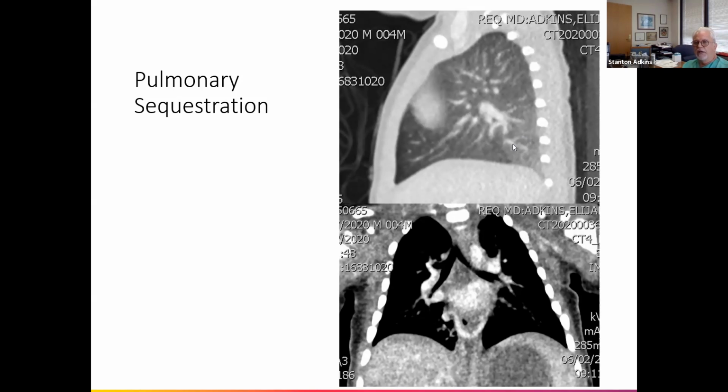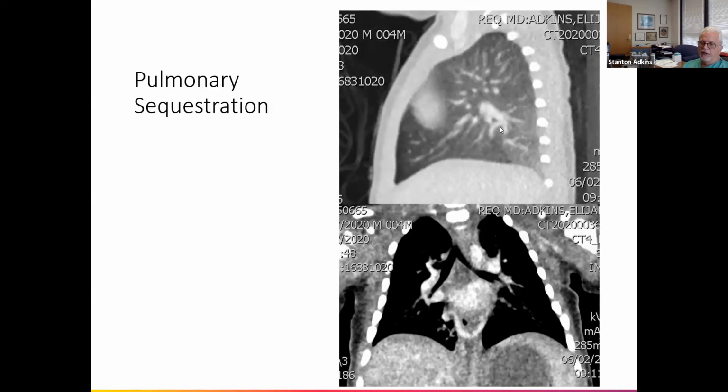You can just tell a little bit on the CT scan that the lung here is a little bit more dense. And this is what you would call an intralobar pulmonary sequestration, meaning one that is incorporated as part of the lung.